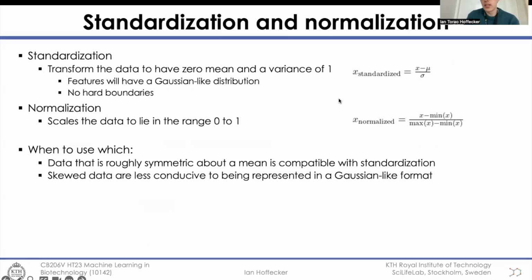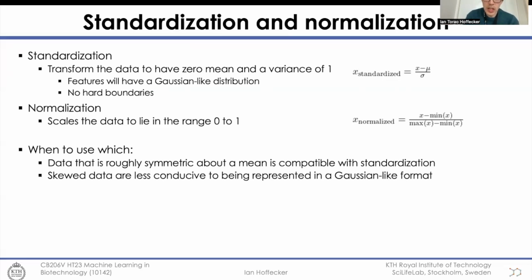And then standardization is when you transform the data to have a mean centered at 0 and a variance of 1. Unlike normalization where you have a hard boundary, in standardization, you don't necessarily have a hard boundary at 1 and minus 1. You can have outliers that go beyond that, but the idea is to have things roughly varying on the same scale.